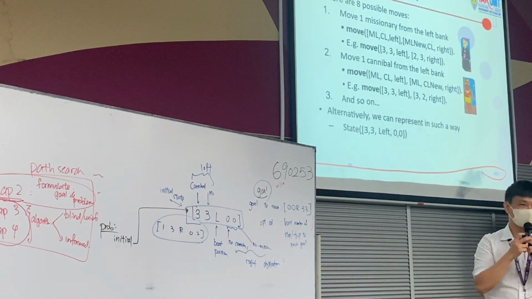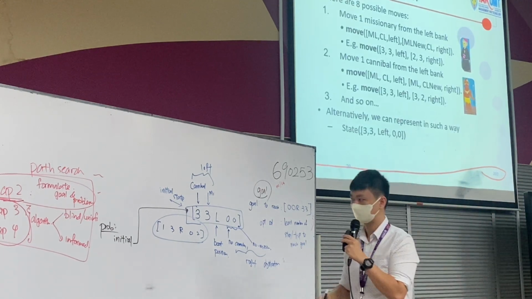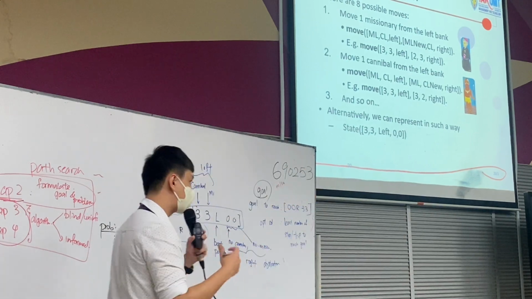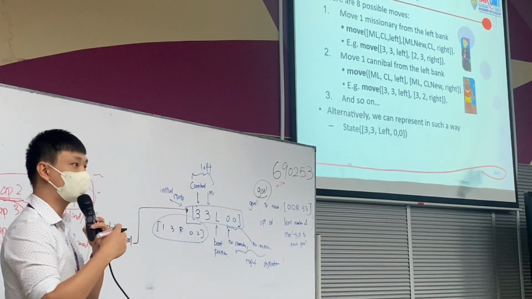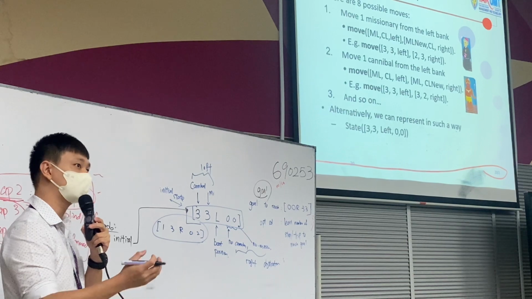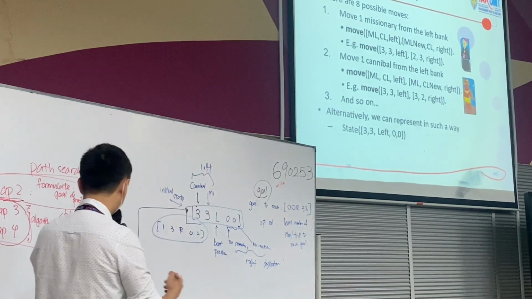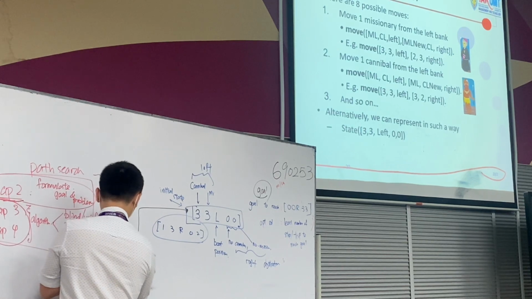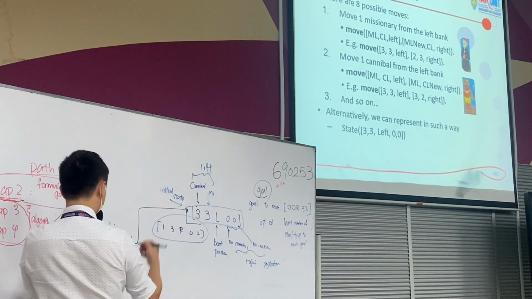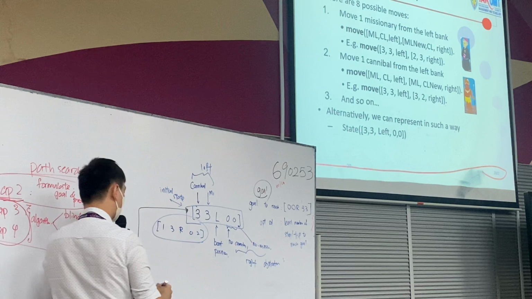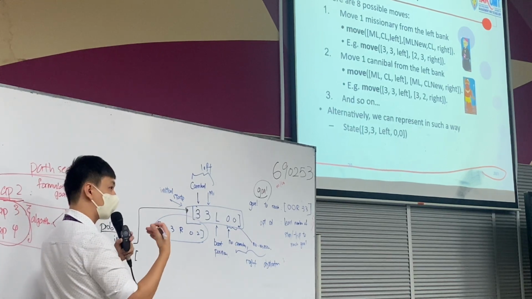So what is the successor function? The successor function is the possible movement that changes one state to another state. In this case, you can say you want to move two cannibals from left to right.